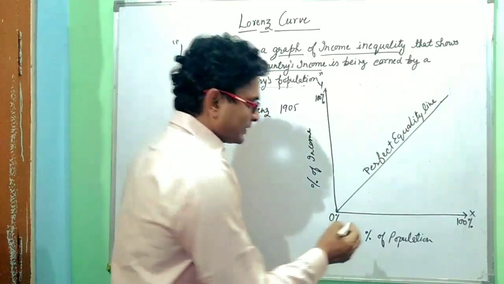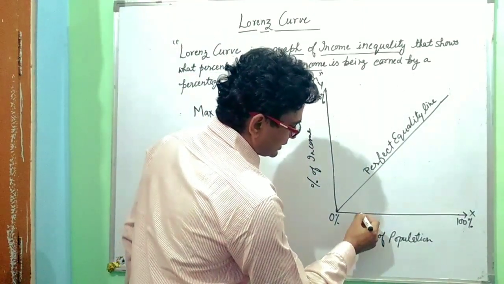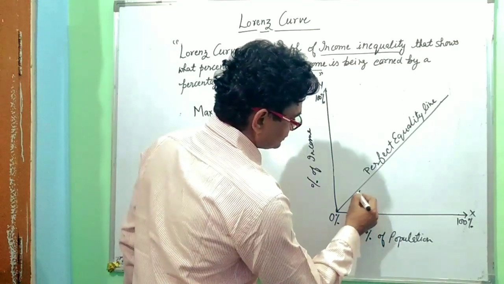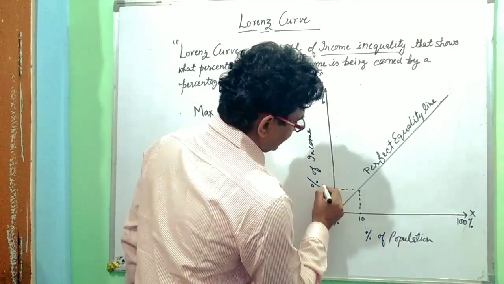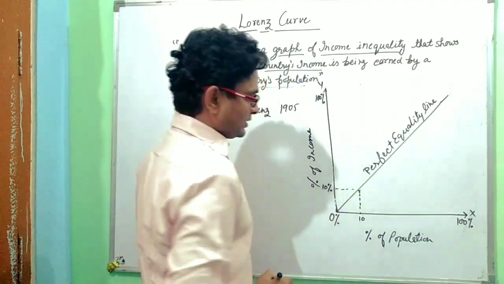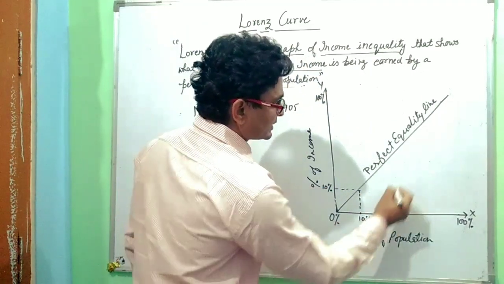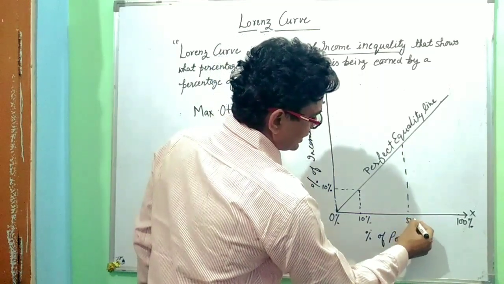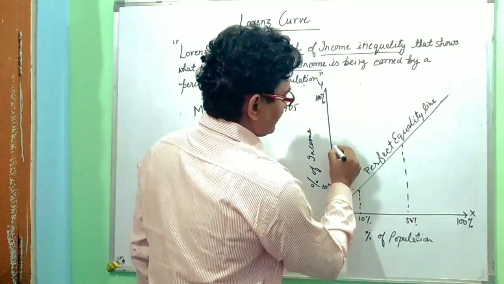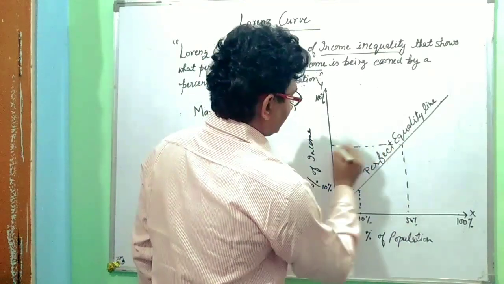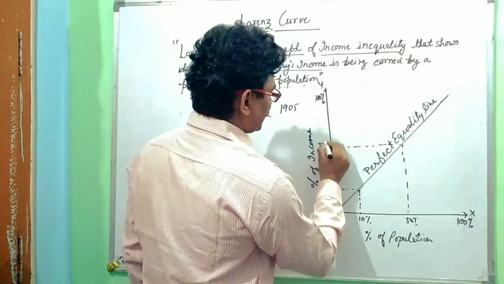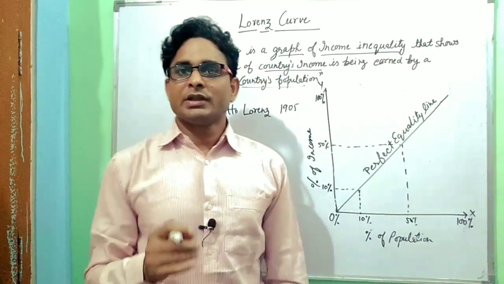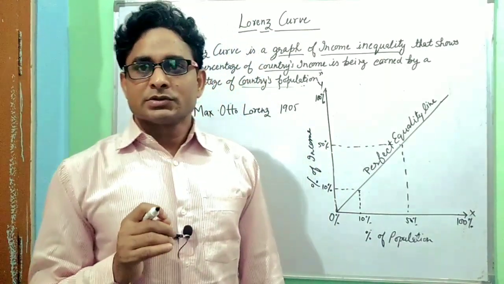We can see that 10% of the country's population has the same 10% share in the national income. In the same way, 50% of the country's population has 50% share in the national income. If this is the condition, then we can say that there is perfect equality of the income in the society.